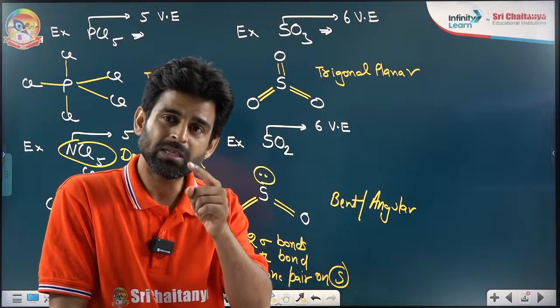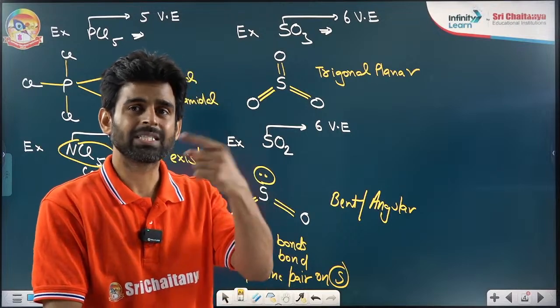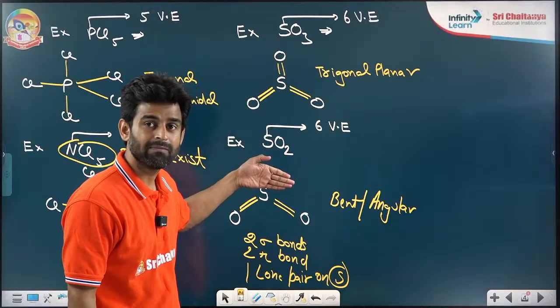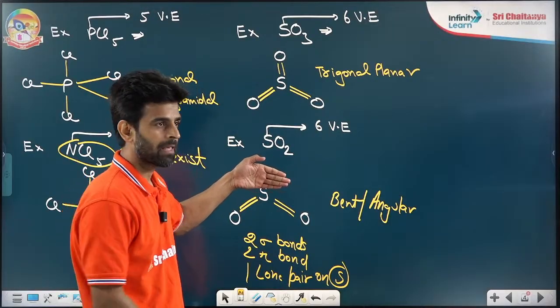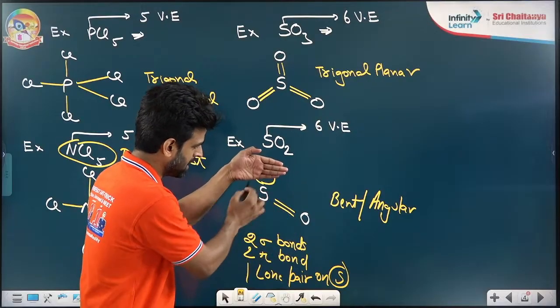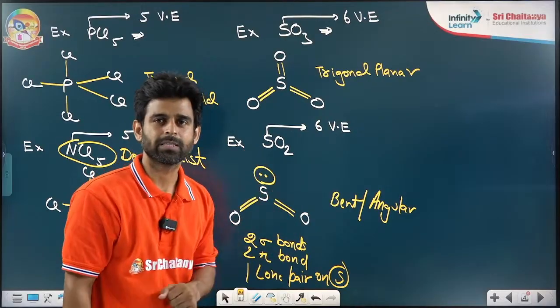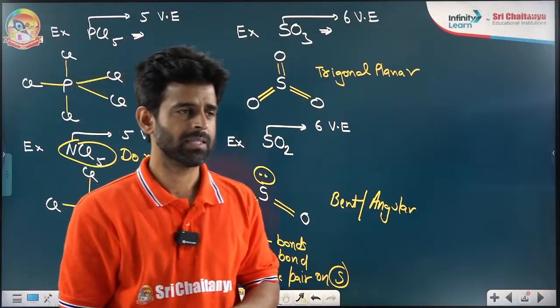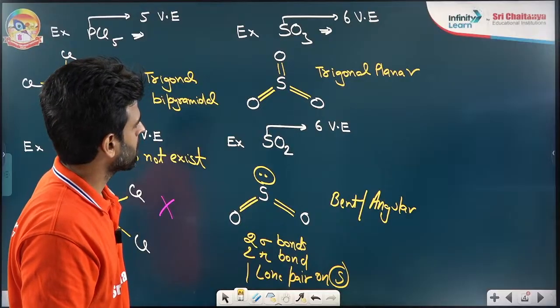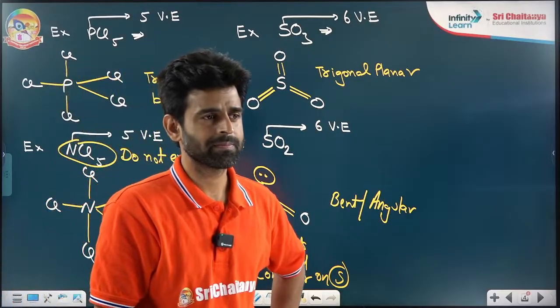But when I am talking about the shape itself, I will not look at the lone pair. I will look at the bond pairs only, and the bond pairs look like a bent shape, or you can say angular. Done? Okay, fine. I hope we are clear up to here.